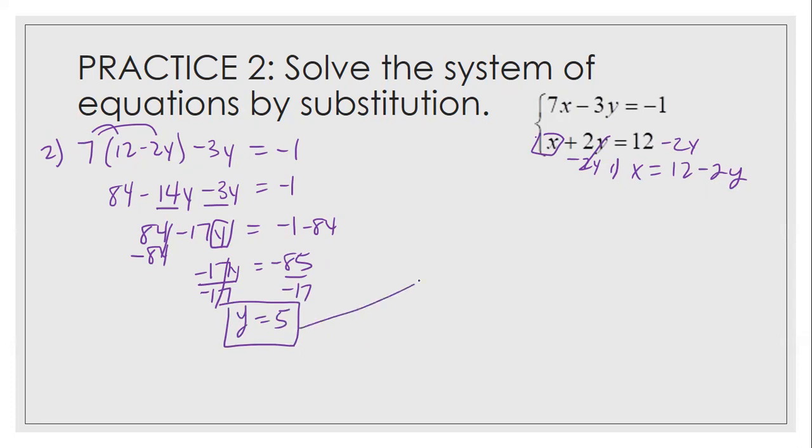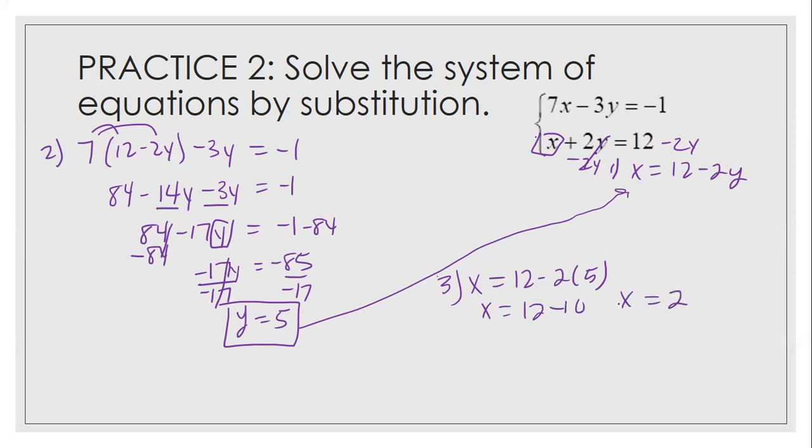I'm going to take this and plug it back into step 1 for step 3. So we have x equals 12 minus 2 times 5. That gives me x equals 12 minus 10. So what does x equal? 2. Okay. To check myself, I'm going to plug it into the one that I did not start off with.